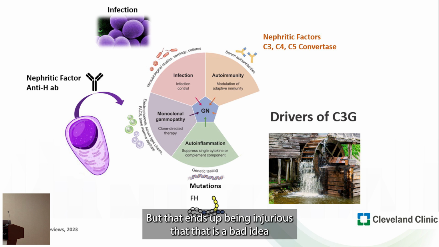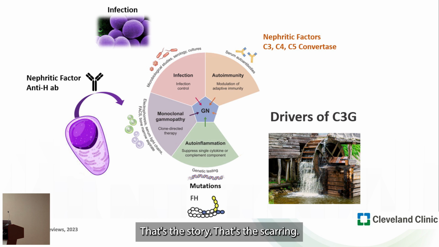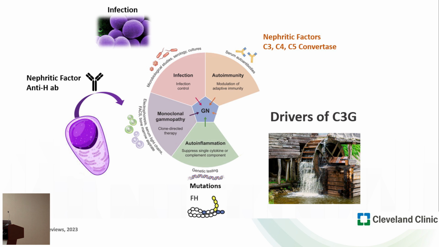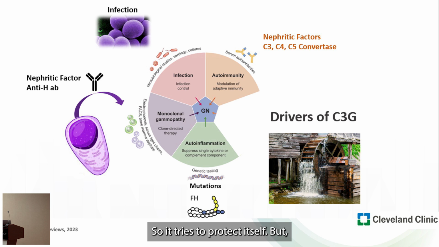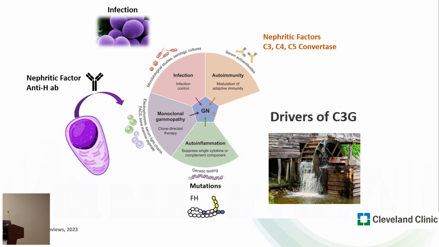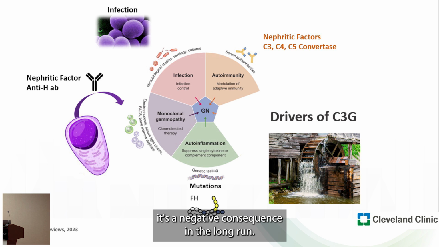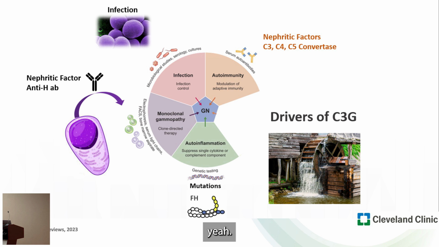But that ends up being injurious. That is a bad idea for kidneys in the long run. That's the scarring? That's the scarring. So it tries to protect itself, but it's a negative consequence in the long run. But yeah, good question. Thank you.